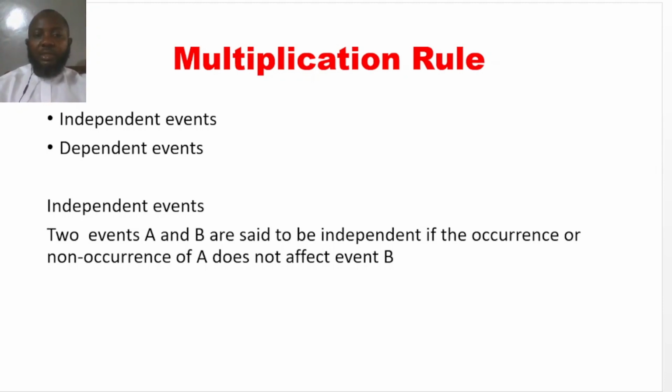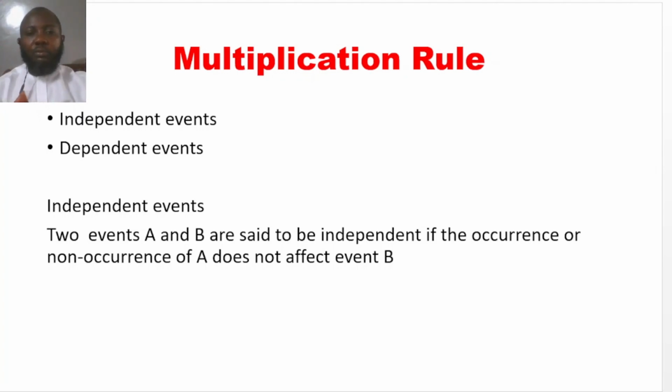Two events A and B are said to be independent if the occurrence or non-occurrence of A does not affect event B. So when things are independent, it means they do not depend on one another to exist or to happen.